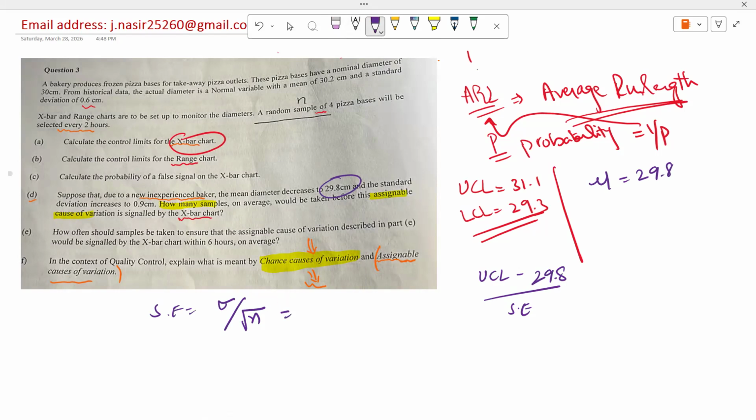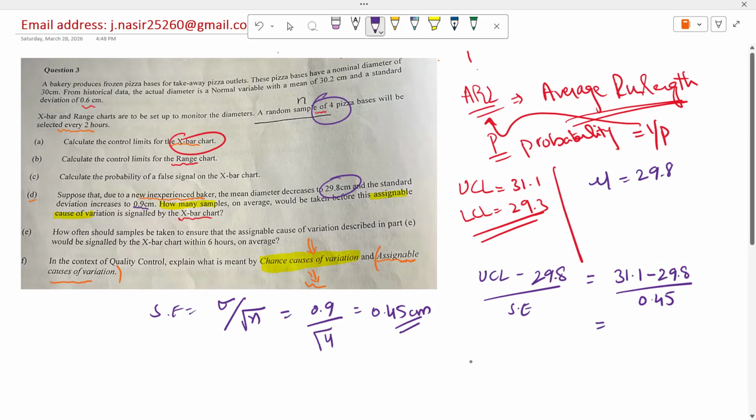My standard deviation has changed here, so I'll use the new one, 0.9, divided by the square root of my sample size, which was 4. So the standard error would be 0.45 centimeter. And let's find the z-score: 30.1 minus 29.8 divided by 0.45. This would give me the z-score for the UCL.